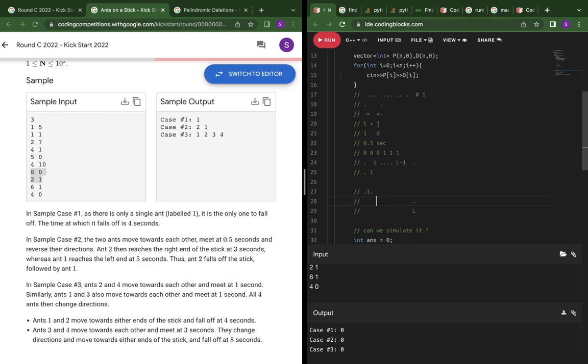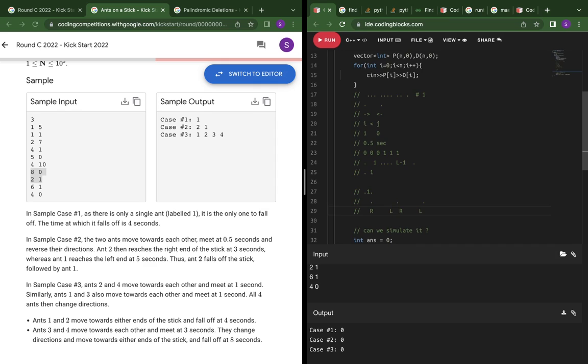And 2 and 1, so at 2 it is going towards right. And at 6 it's going in the right direction. And 4 and 0, so this is going to the left.